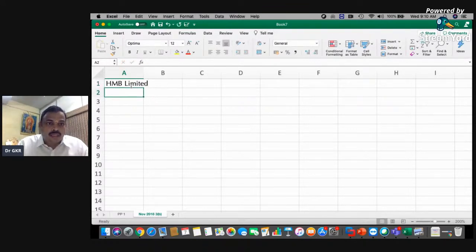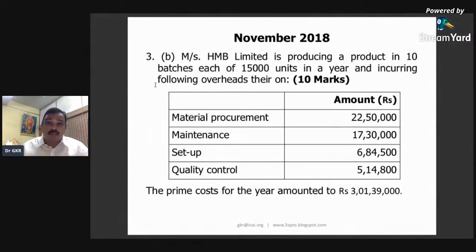Now, HMB Limited is producing a product in 10 batches, each of 15,000 units in a year, and incurring the following overheads. Material procurement 22,50,000. Maintenance 17,30,000.